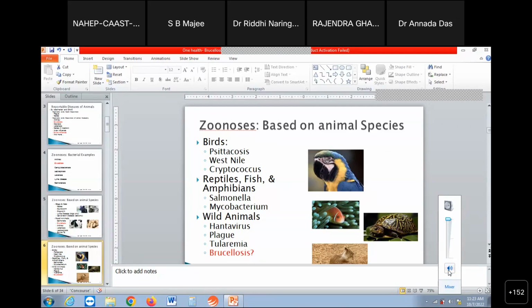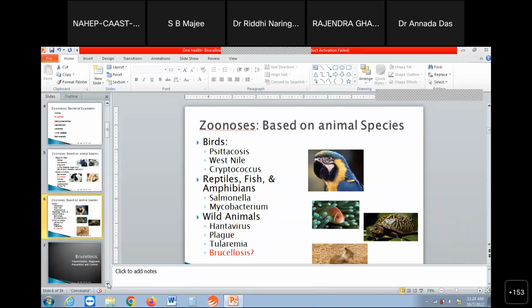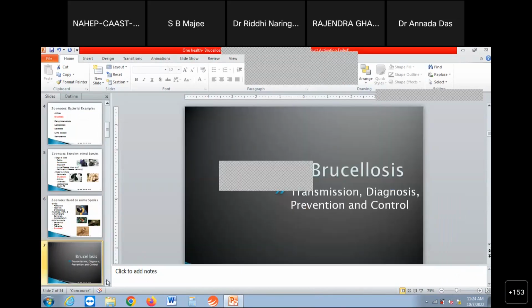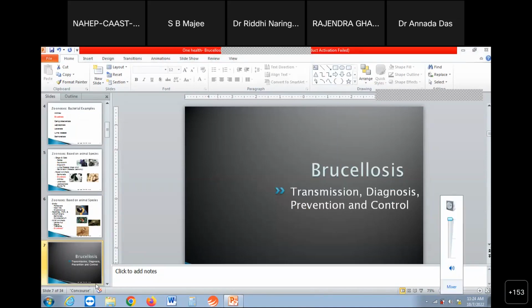So today I will touch a little bit on wild animals, because that is one of the most neglected areas in brucellosis in our country. So we go to the next thing, that is transmission, diagnosis, prevention, and control.